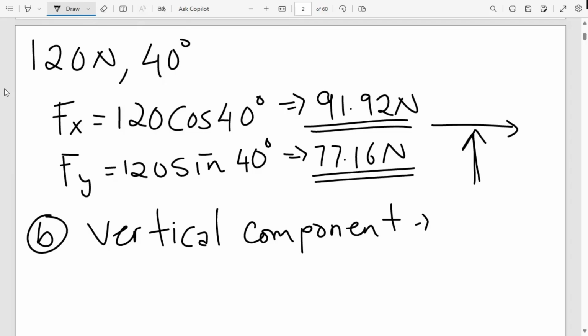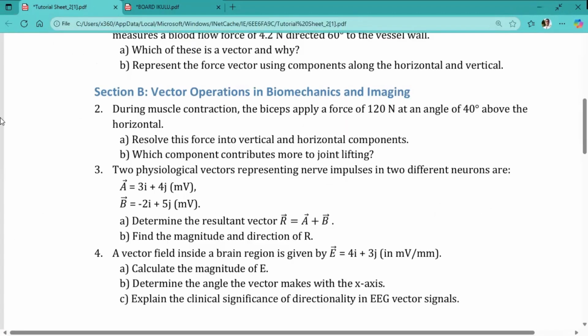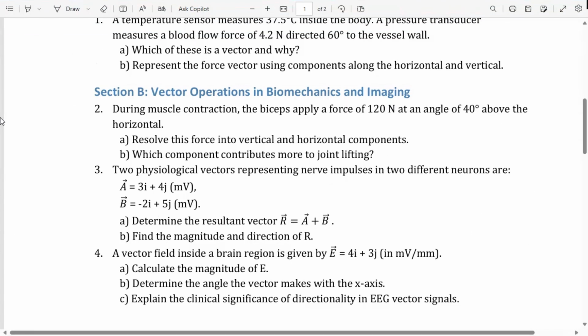Because joint lifting involves upward movement against gravity. So that's the answer to question B, and that means we are done with question 2. We can move on to question 3.